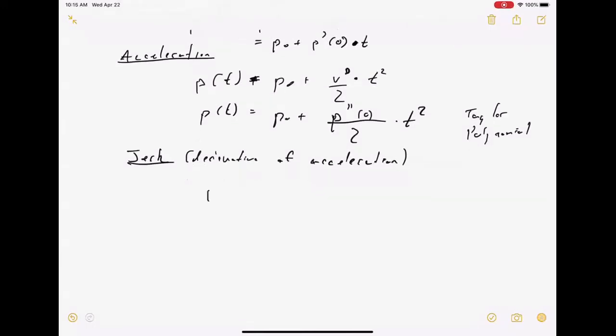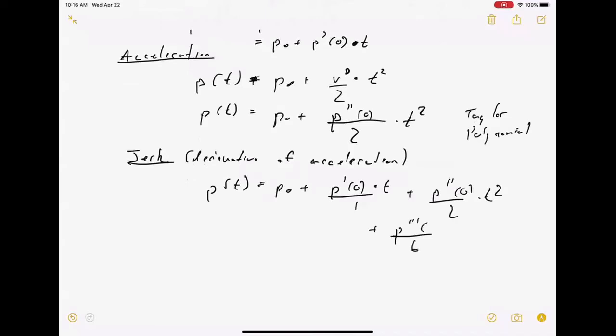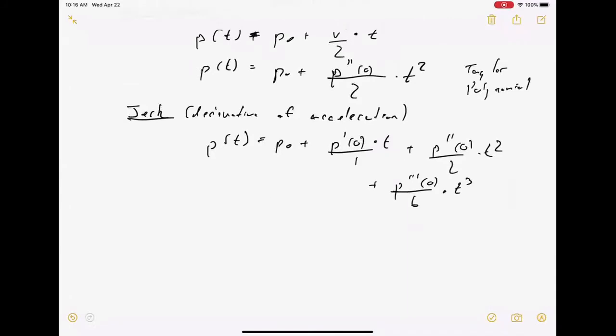If we were trying to write the equation for motion with constant jerk, it would be this. So we have this Taylor polynomial.